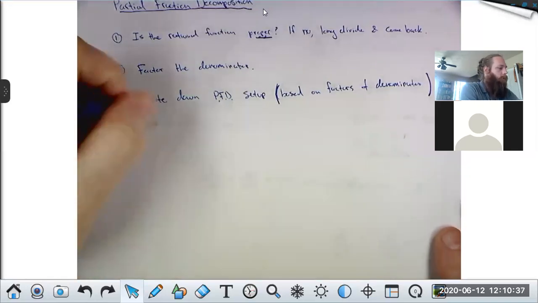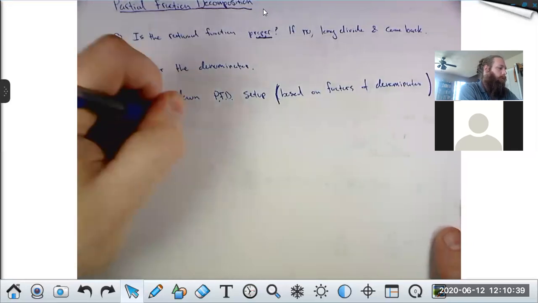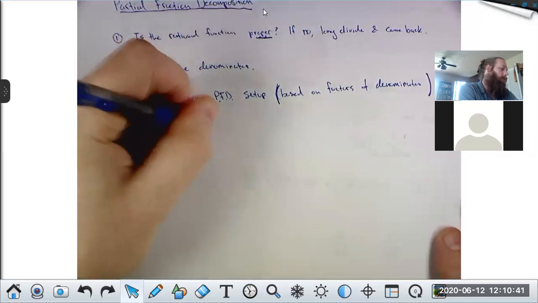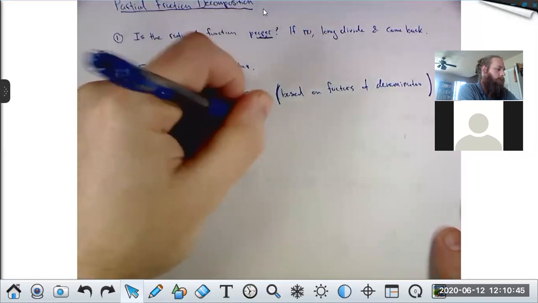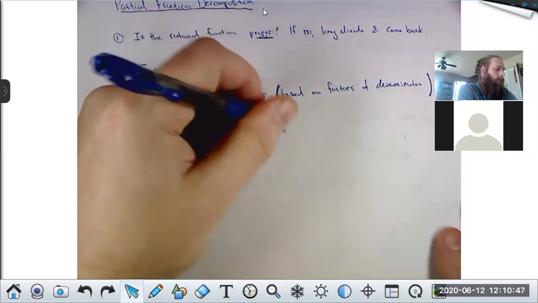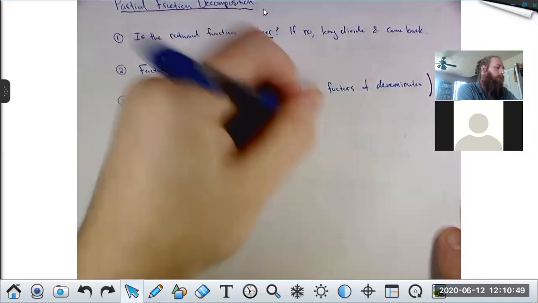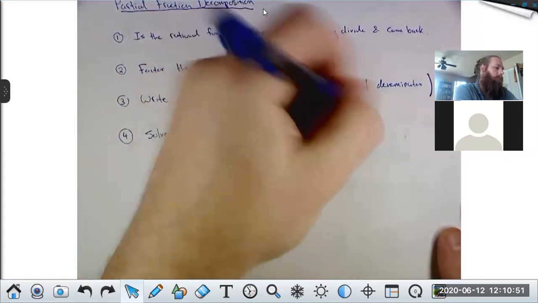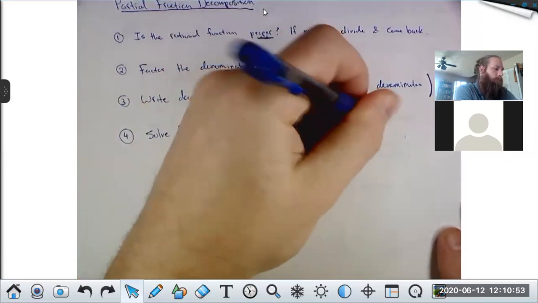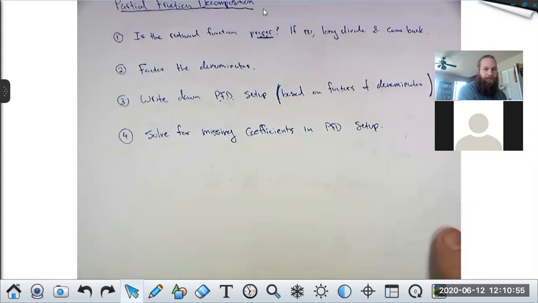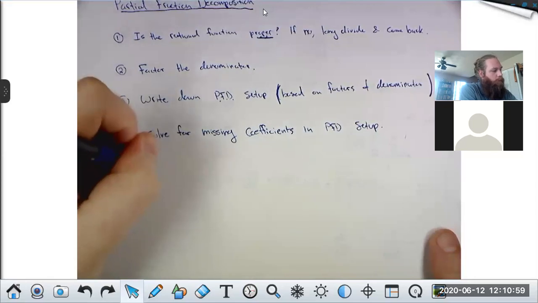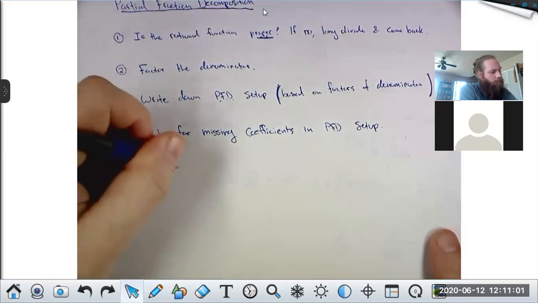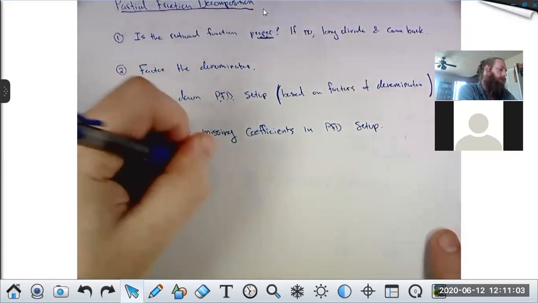Then you're going to solve for the missing coefficients in the PFD setup. Then you'll rewrite your integrand, rewrite your integral.